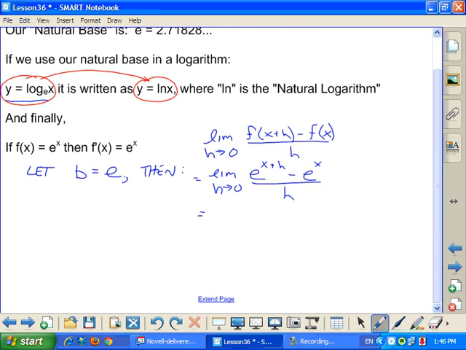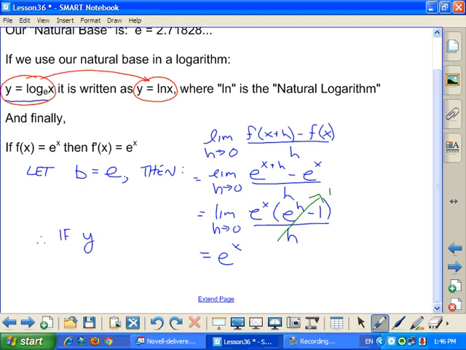We can common factor out, so it's the limit as h approaches 0 of e to the x, bracket, e to the h minus 1 over h. We know from this property that this goes to 1, so it's e to the x. Therefore, if y equals e to the x, the derivative is e to the x.